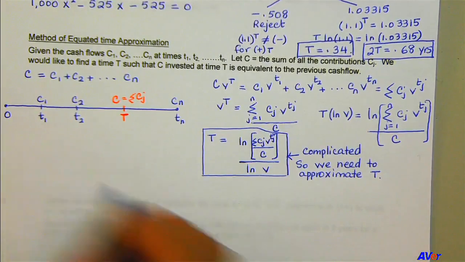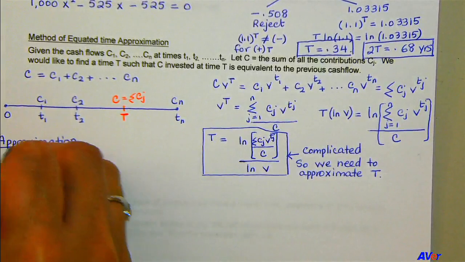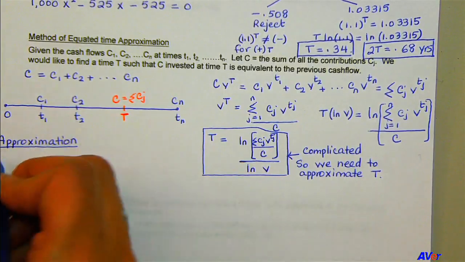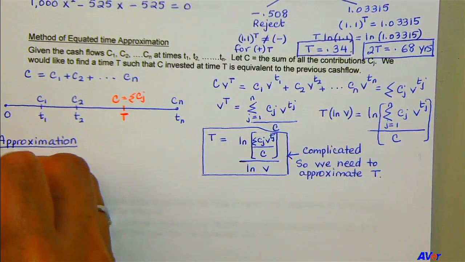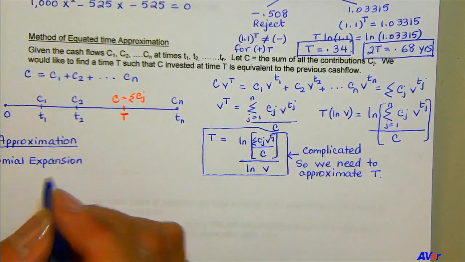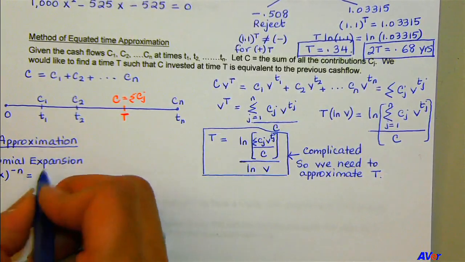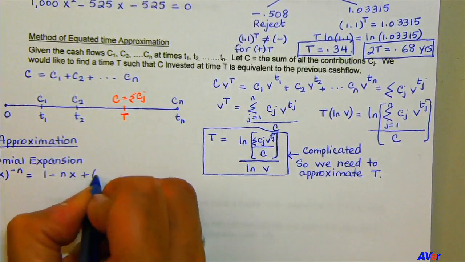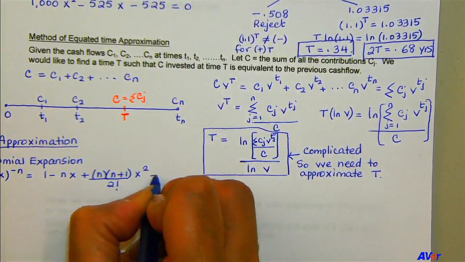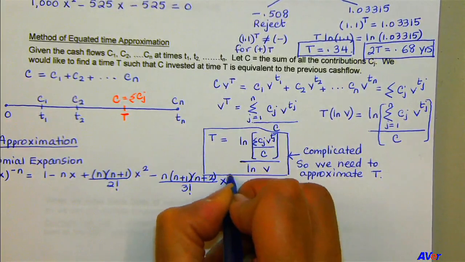So I will find an approximation. And for this approximation, I will use the binomial expansion. (1 + x)^(-n) is equal to 1 - nx + n(n+1)/2! x^2 - n(n+1)(n+2)/3! x^3, and so on.